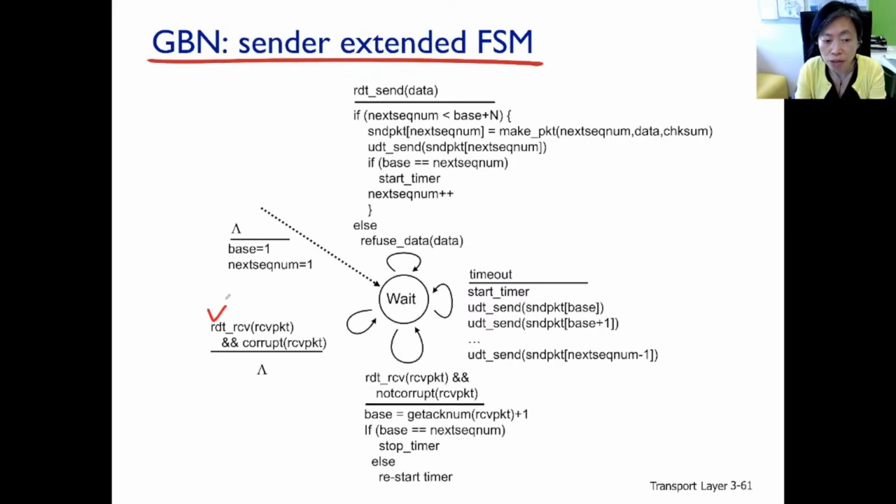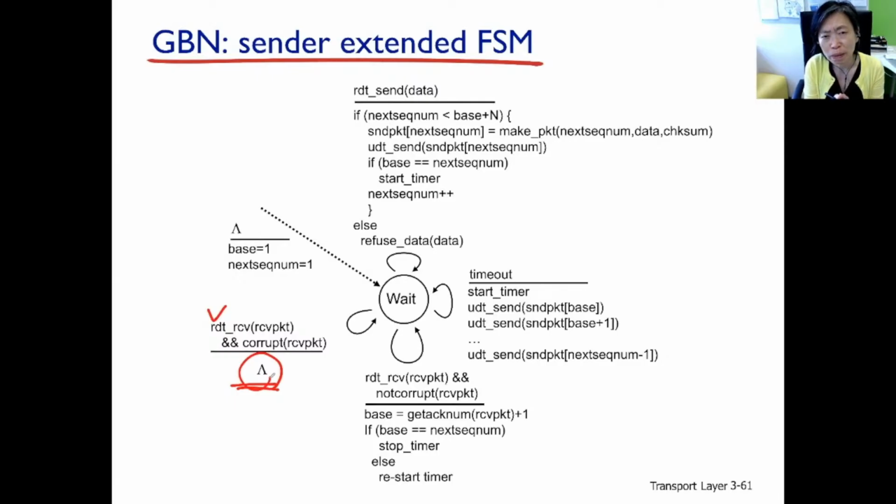And the fourth transition is this: when the sender receives a feedback and it's a corrupted feedback, then we do nothing. So this is just like in RDT 3.0, when the sender receives a corrupted ACK or a duplicate ACK, which is a negative ACK, it does nothing. Okay. Now the difference here though is that it only handles the corrupted ACK case.